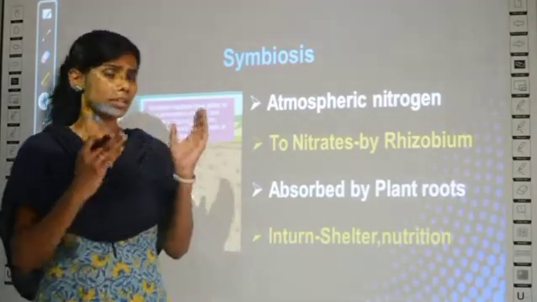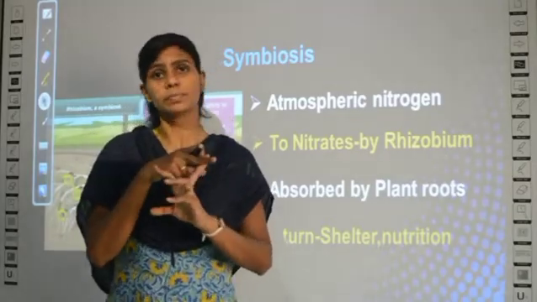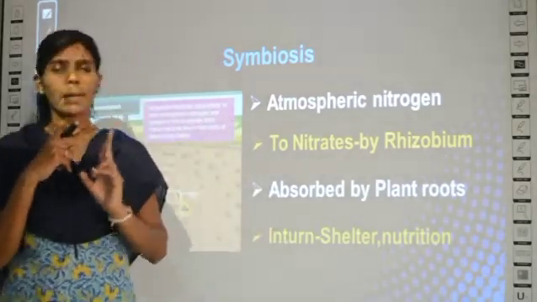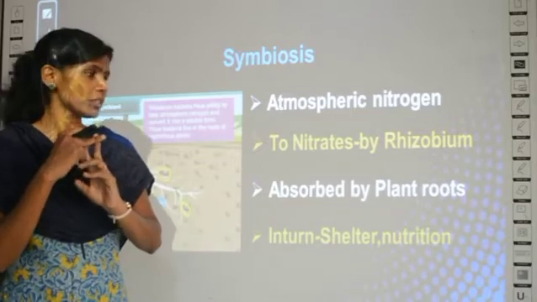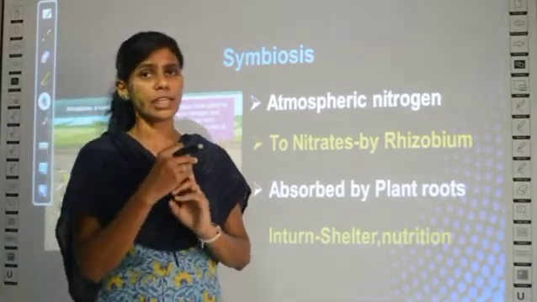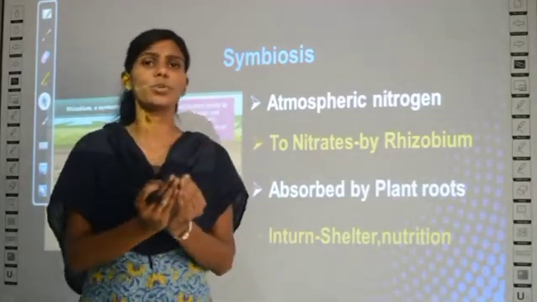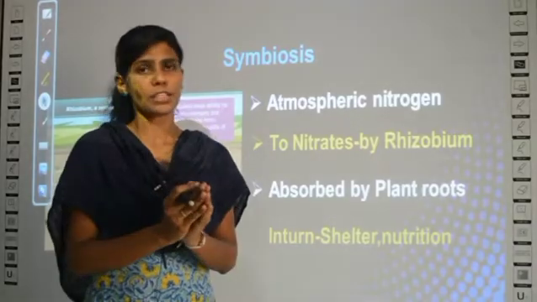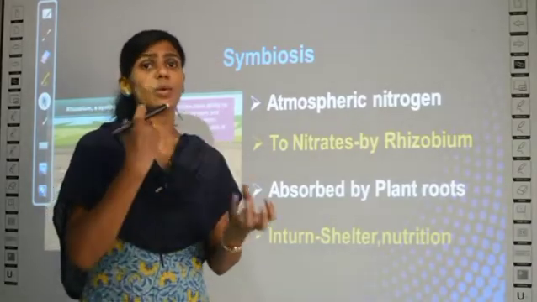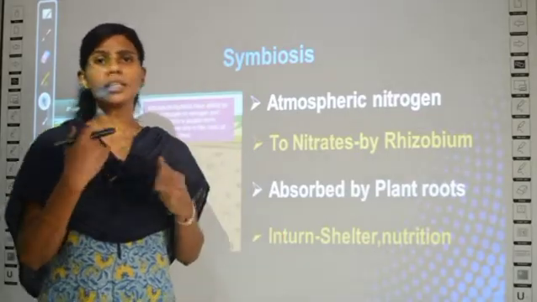Clear? So here the relationship is between the bacteria called rhizobium and which one? The plant, the root nodules of the leguminous plant. How is the rhizobium bacteria benefited? The bacteria gets a place to live inside the root nodules, and also it can take whatever nutrients the plant has for its survival.